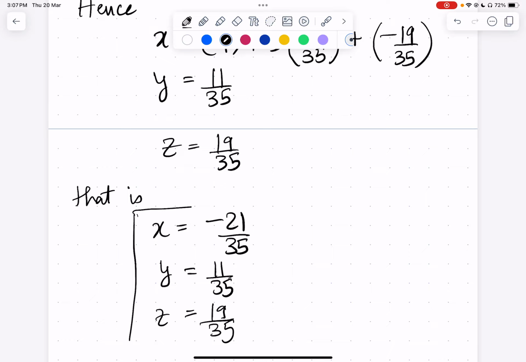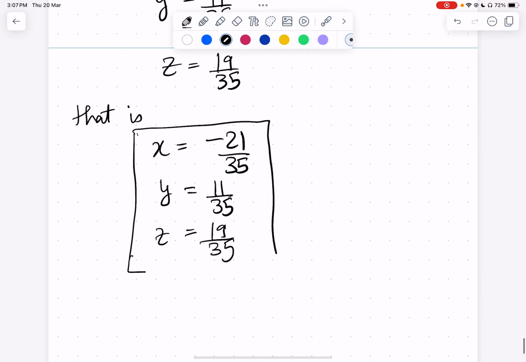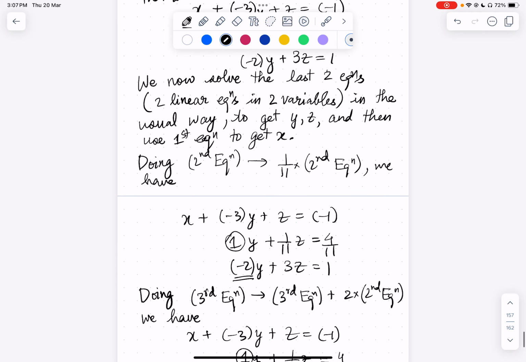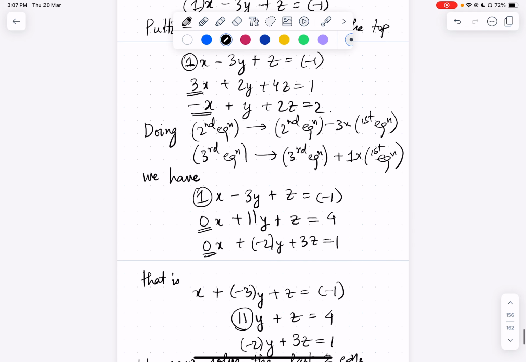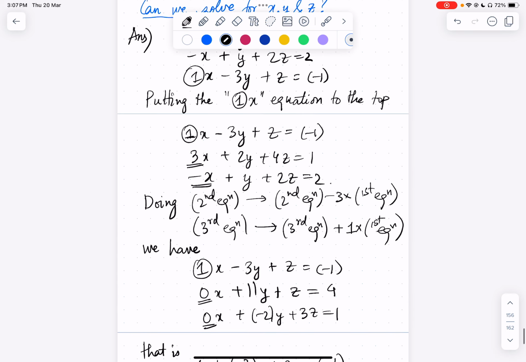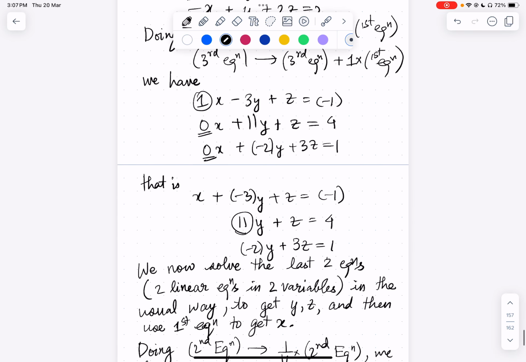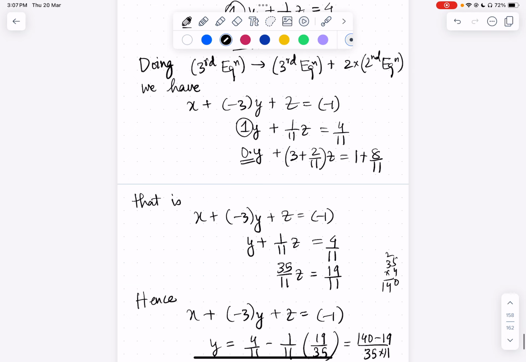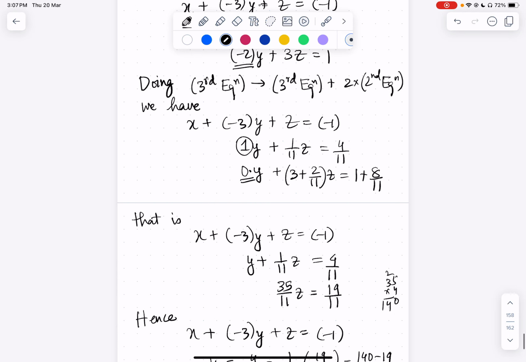So these are the values of x, y and z. We have solved for x, y and z. What did we do? The strategy was simple. We first took advantage of the 1x equation and used that to eliminate the other x terms from the other two equations. Then we solved the other two equations for y and z.